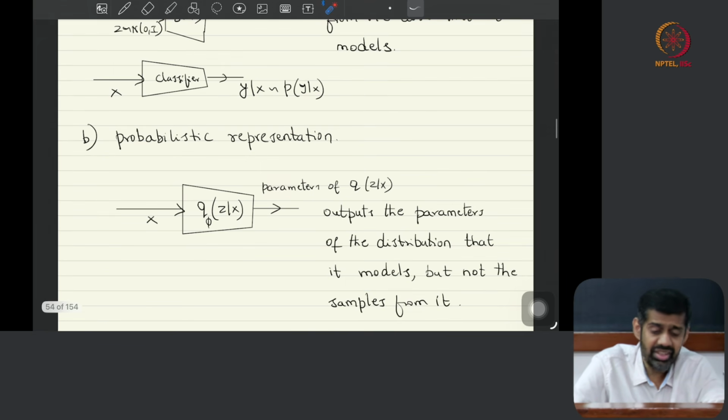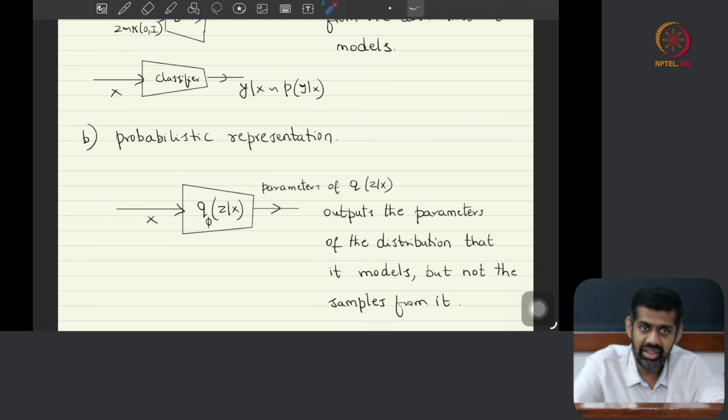Now, there is another representation, the so called probabilistic representation, where the neural network will not give you a sample from the distribution that it is representing, but it will give you the parameters of the distribution. The difference between these two representations is that in the deterministic representation, you need not assume a functional form on the distribution that you are trying to estimate.